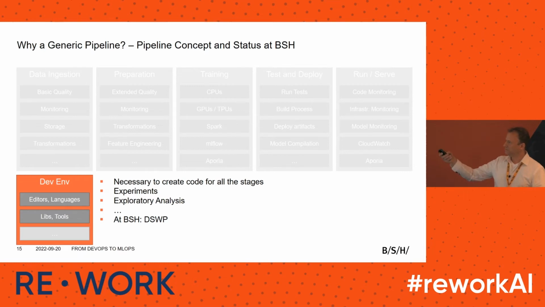So at BSH, we call it our data science workplace. Another point was the consideration of big data. We have two main pillars of big data, as I said, industrial IoT and consumer IoT. So we wanted to bring the code to the data so that we don't have to move around the data. So this data science workplace is also running on our AWS cloud, where everything else is also running.